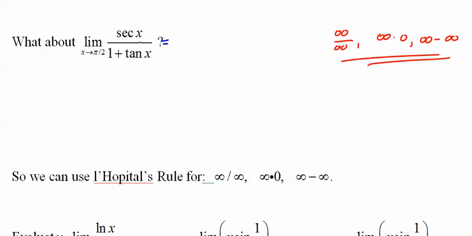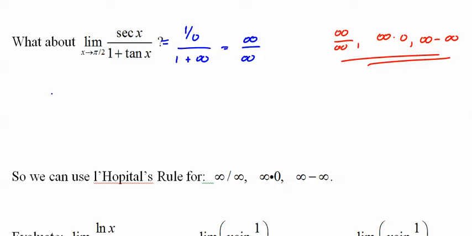Always check. Secant of pi over 2 is 1 over 0. 1 plus tangent of pi over 2 is just call it infinity. So we basically get infinity over infinity.